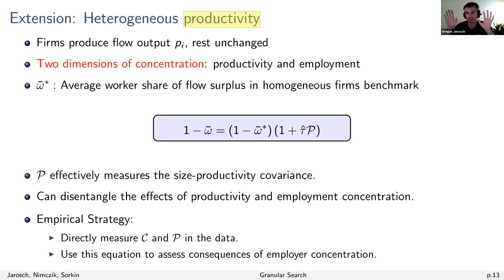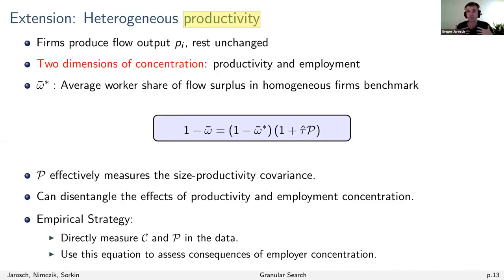Now there are two different dimensions to concentration here. A market can be concentrated from the perspective of a worker because all the employment is concentrated, but also because all the productivity shares are concentrated in a few shops.